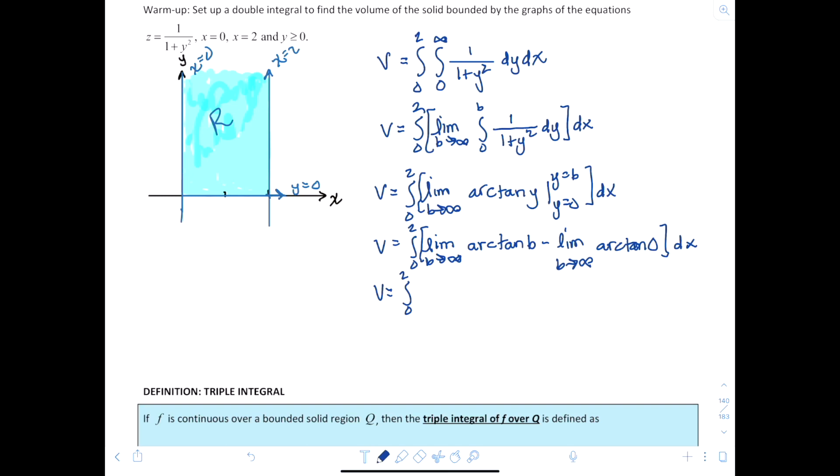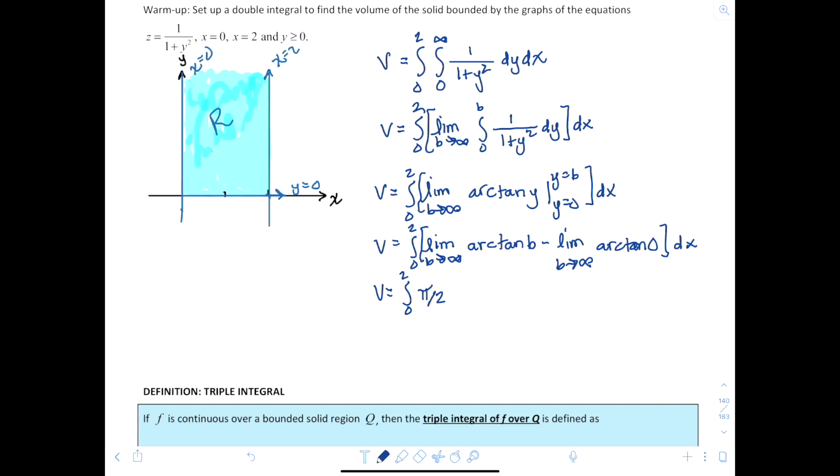If you recall, the arctangent function has a horizontal asymptote at pi over 2. So we will end up getting pi over 2 for that limit. And arctangent at 0 is 0, and the limit as b approaches infinity of 0 is 0.